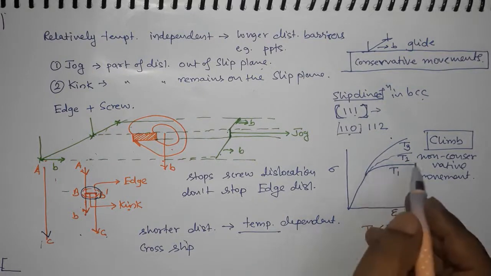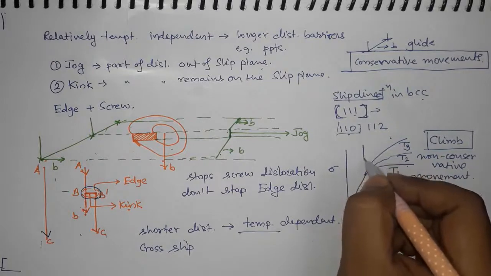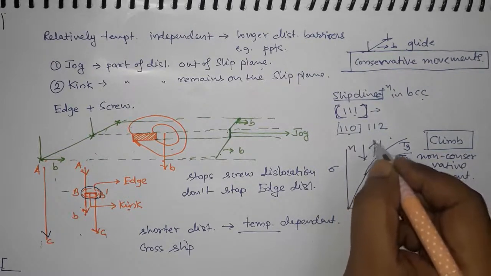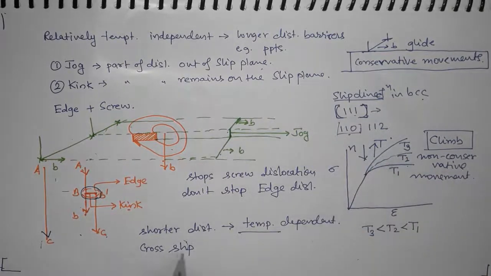So as you go higher, you will have more and more softening in the material. The strain hardening component will decrease as temperature increases, because dislocation barriers can be crossed easily.